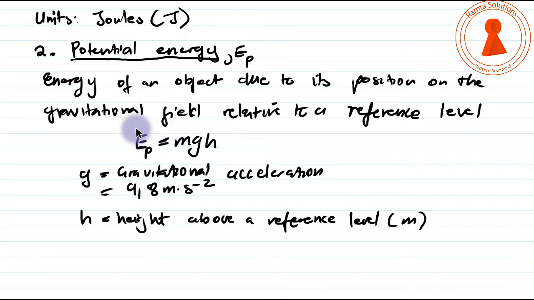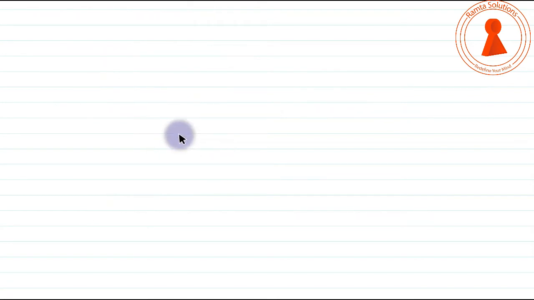So note that potential energy is mass times gravitational acceleration times height. I will give you an example later.